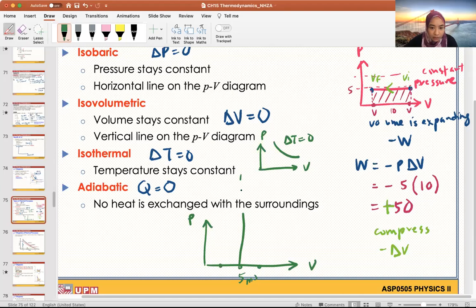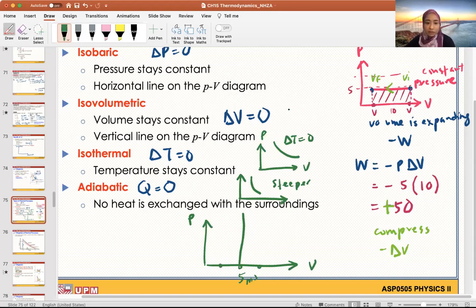No questions. Okay. So adiabatic looks almost the same as isothermal, but it has a steeper curve. It's steeper than isothermal. Why? Because adiabatic happens quickly.